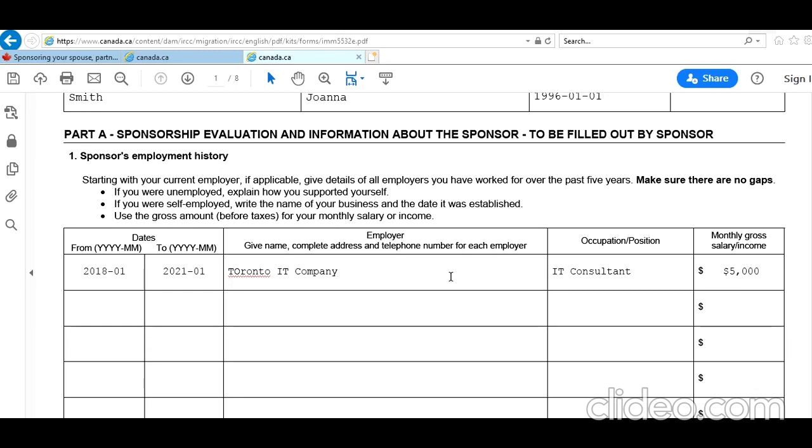Full address, telephone number, let's say 10 Toronto Street, Ontario. Just sample, guys. Phone number is, let's say, now it looks like a phone number.